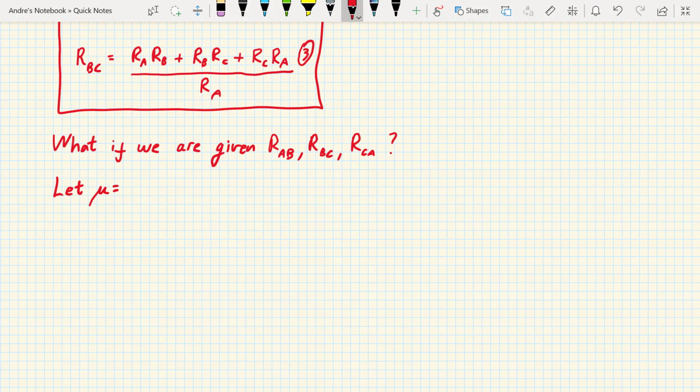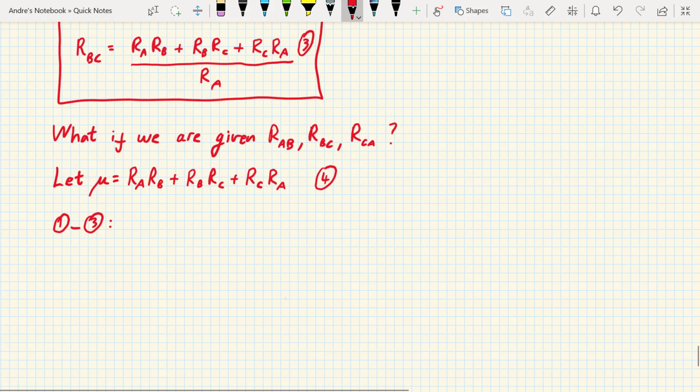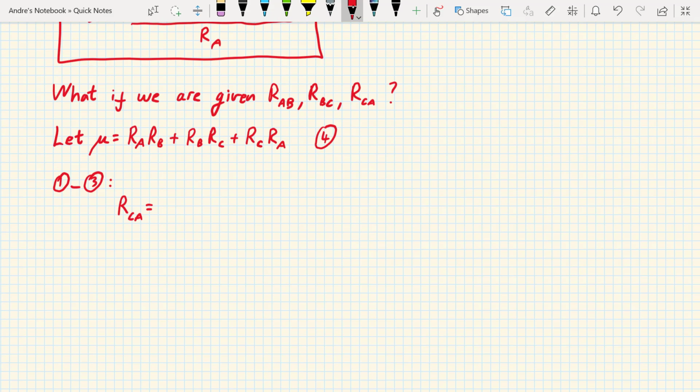The easiest way to do that is to let mu be equal to the numerator of the right-hand side of each of equations 1, 2 and 3. In other words, mu is RA RB plus RB RC plus RC RA. Equations 1, 2 and 3 can then be rearranged to give RB equals mu over RCA, RC is mu over RAB, and RA is mu over RBC.